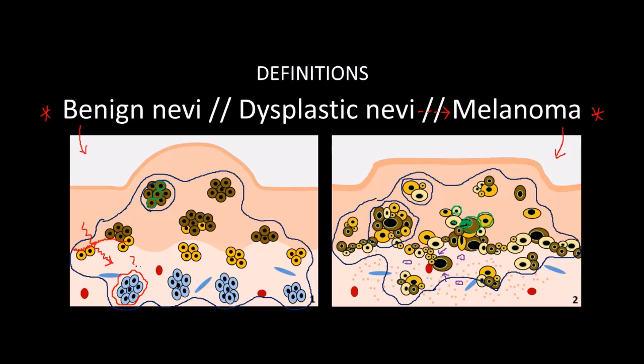And I think the best way to understand this is to take a moment to talk about how we believe nevi originate and compare that to how we believe melanoma originates. So let's go ahead and start with nevi. So recall that melanocytes are derived from neural crest cells, which migrate from below the epidermis through the dermis to the dermal-epidermal junction.